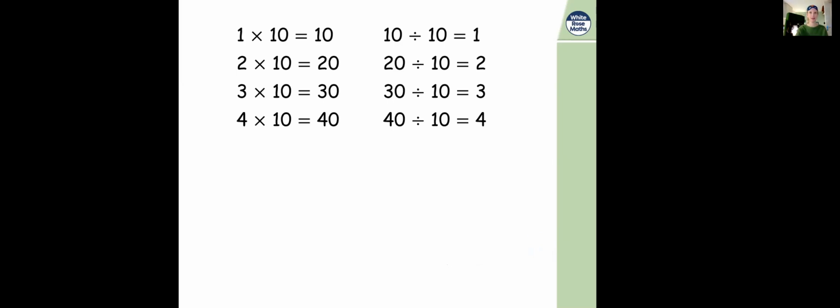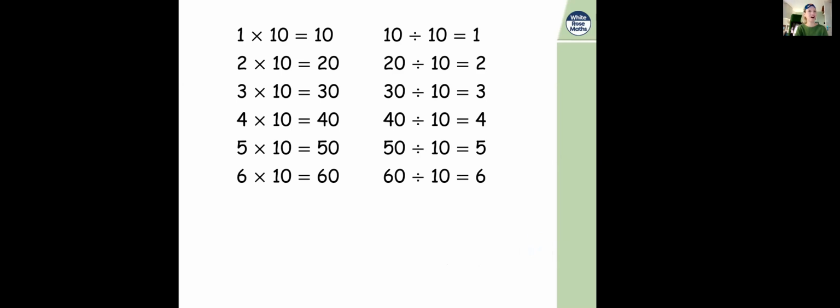Let's see if you were right. 5 times 10 is 50. So 50 divided by 10 is 5. 6 times 10 is 60. So 60 divided by 10 is 6. 7 times 10 is 70.